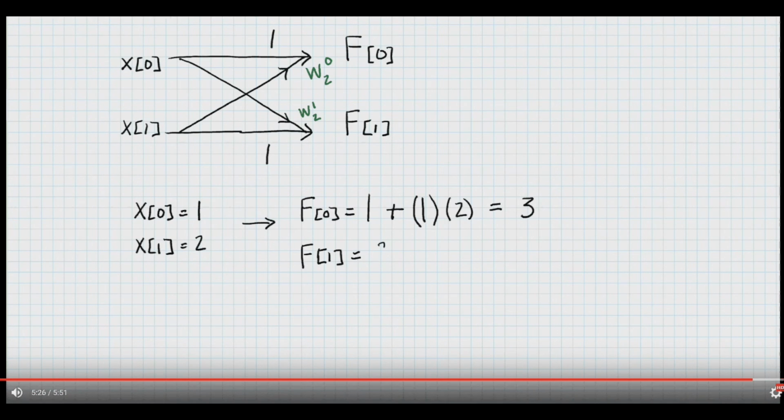Our x of 1 has a value 2, our twiddle factor, W1 of 2, was negative 1, because it's the complex conjugate. That won't always be the case, but in this case it is. And our value x of 0 is 1. And again, another algebraic step. We'll go through and multiply these out. We end up with the value of 1 in the end.